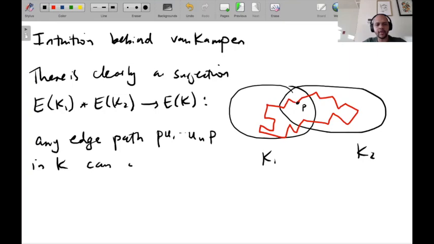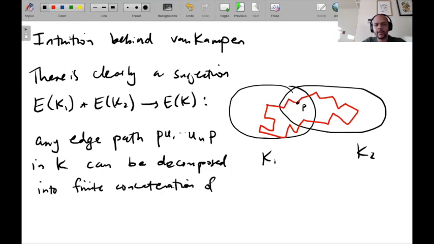can be decomposed into a finite concatenation of edge paths in K1 and K2.